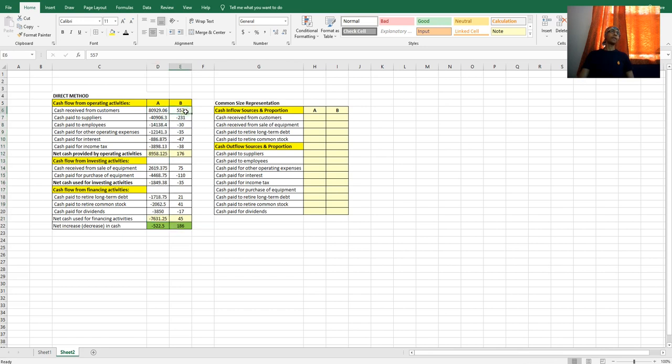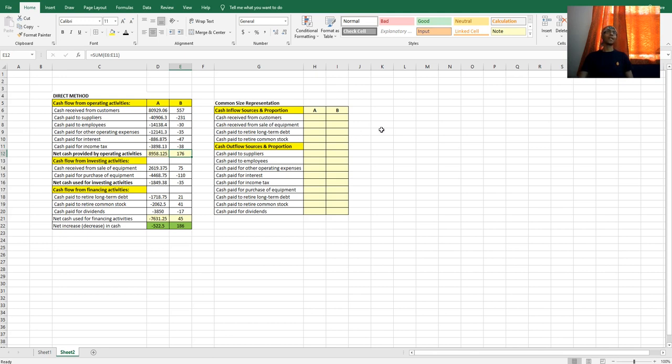For example, cash received from customers is 80,929 million for A, and for B it is 557 million. So there is a lot of difference in terms of scale and size, right? In such a case, how do we compare between the two? Obviously friends, there is a way to do that.